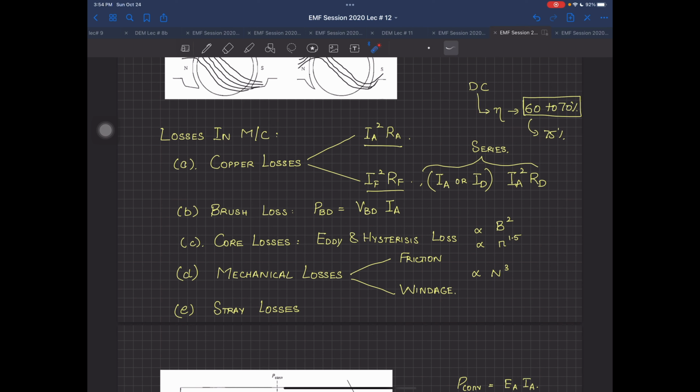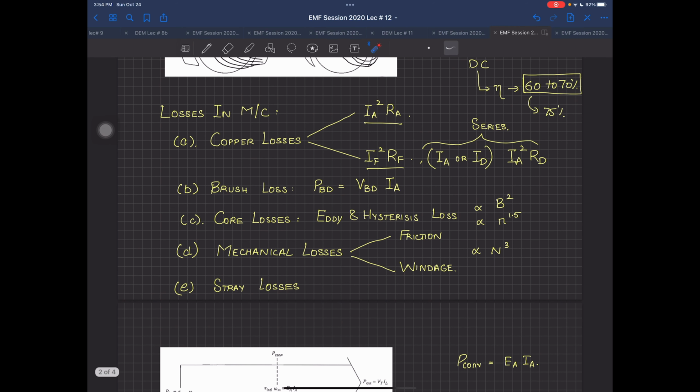Otherwise, the carbon brushes will certainly be changed after every 6 months or 1 year, depending upon how much you use them. So the commutator and carbon brushes are very, very important.